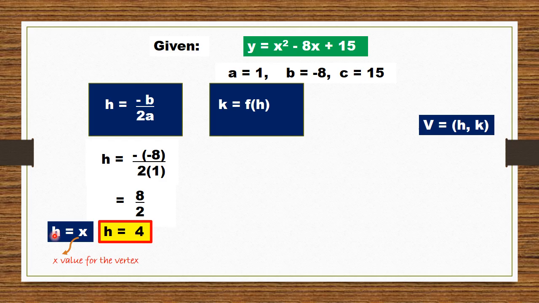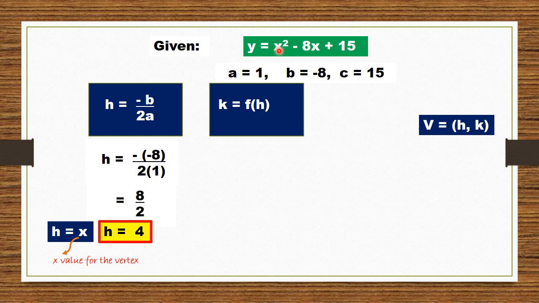So h is also the x value. So substitute h equals 4 in this formula, k equals function of h. This value of h, or 4, you substitute in this equation.